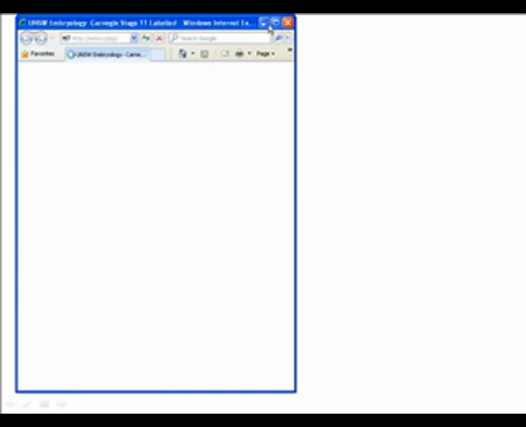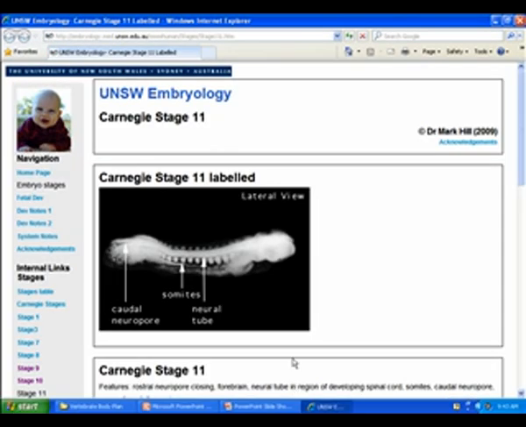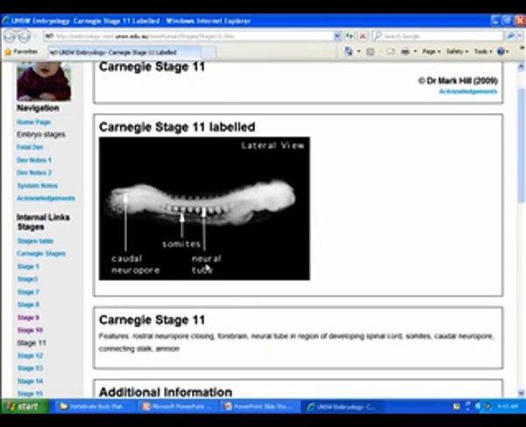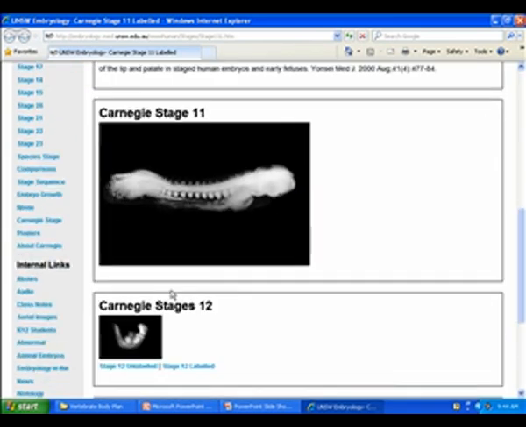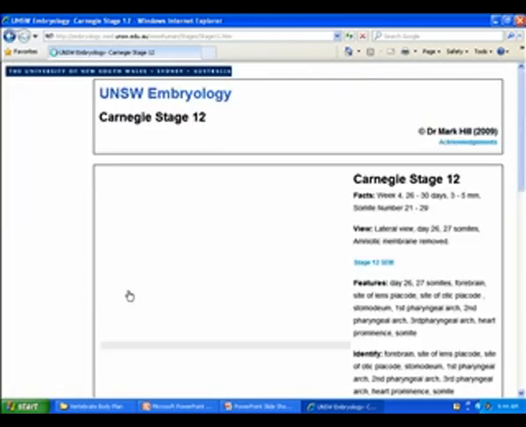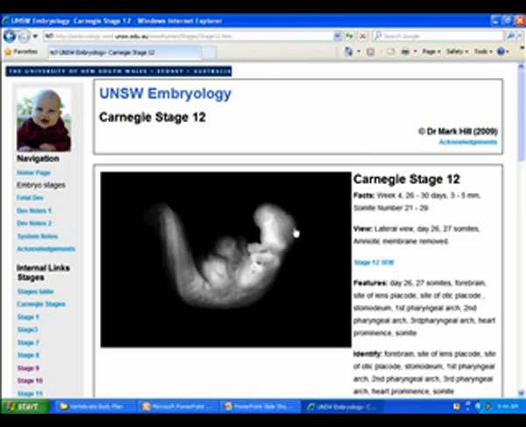If we look at this stage again using the University of New South Wales embryology page, what we can see is the following. We would see an embryo that looks like this, a stage 11 embryo, and then we would see a stage 12 embryo here, where you can start to see the formation of the heart.